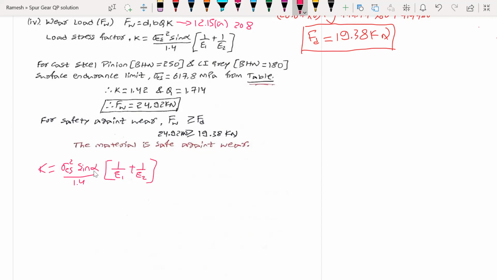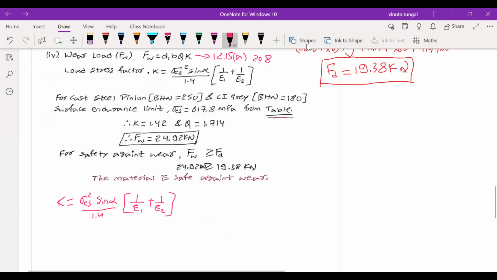In this, alpha is given, it is 20 degrees. Sigma_es you need to calculate. E1 and E2 values are already given. E1 is 96 into 10 raised to 3, and E2 is 207 into 10 raised to 3. I just need to calculate this sigma_es. How to calculate that value, I will show.